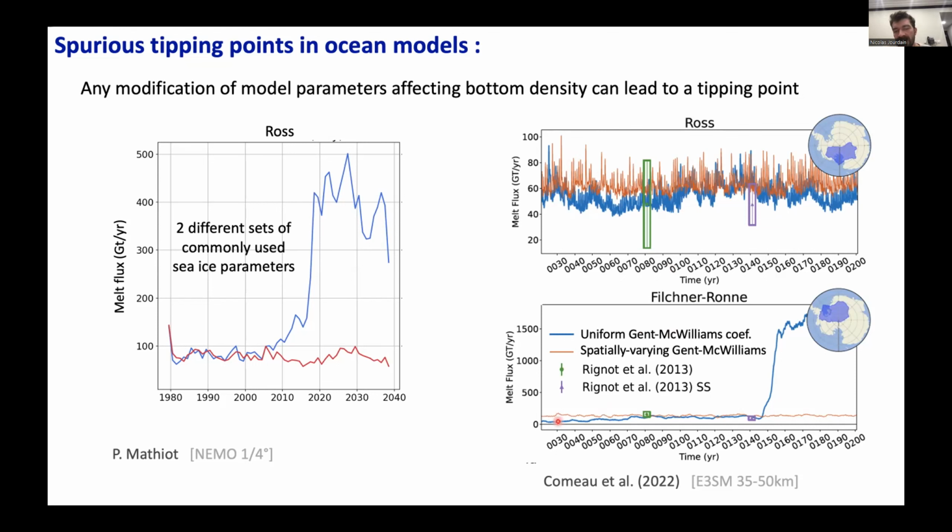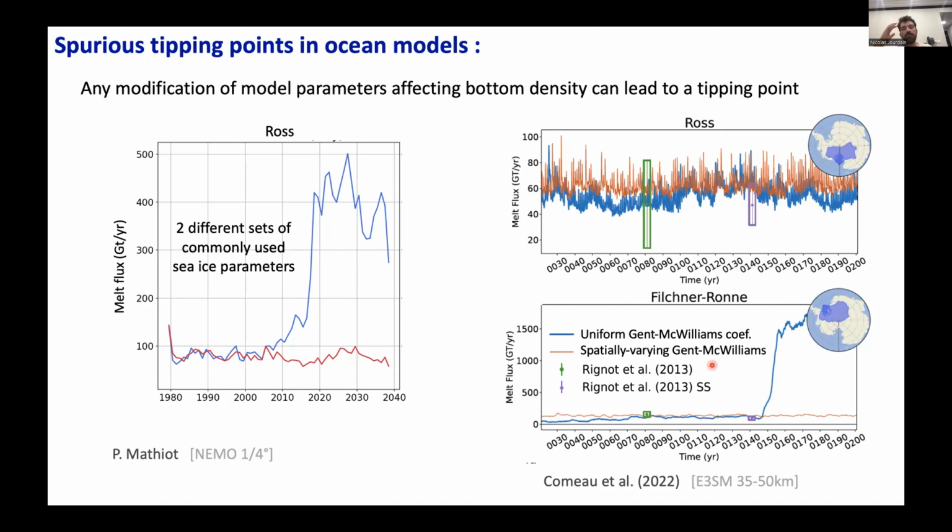And with the initial set of parameters that they used, they had this big tipping point for Ronne Filchner after 140 years. And they figured out that when they changed the GM coefficient, they managed to keep it stable. So the GM parameterization is used to represent the transport of heat and salt by eddies that are not represented at coarse resolution.